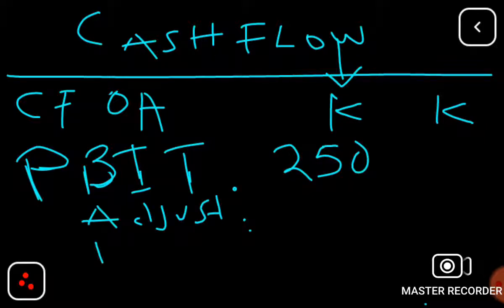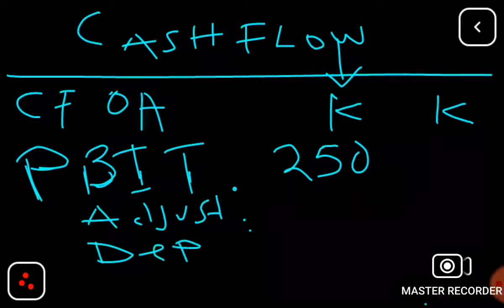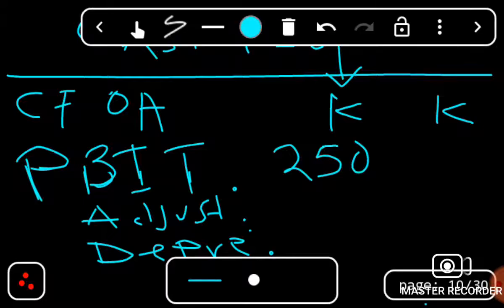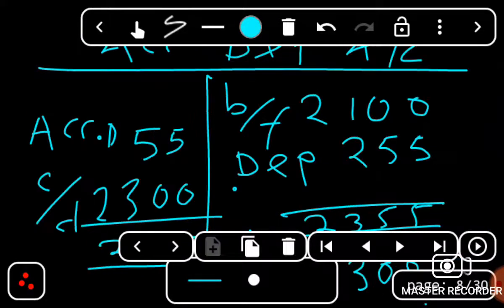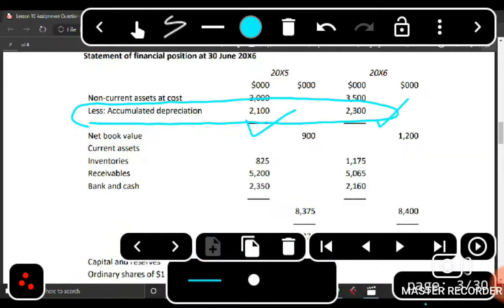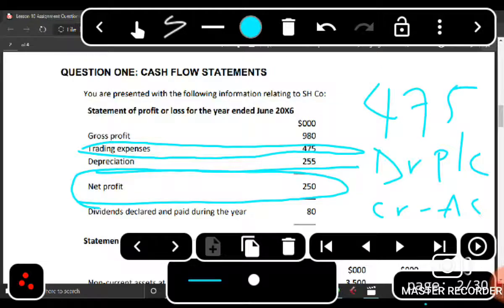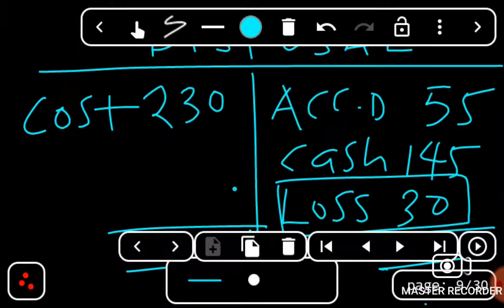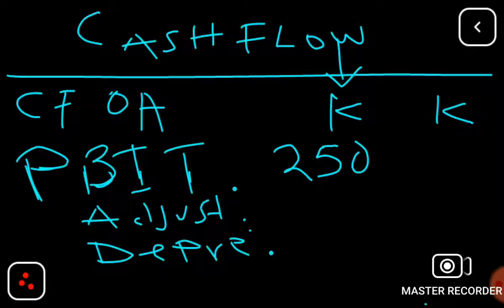So the first adjustment is depreciation, and our depreciation in this question, if you check very well, was 255.